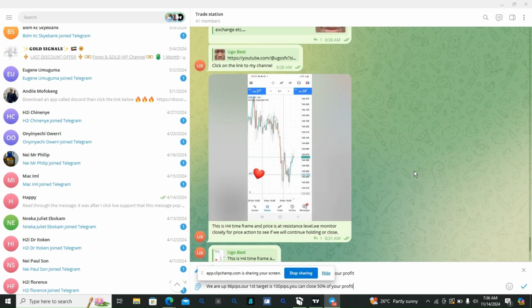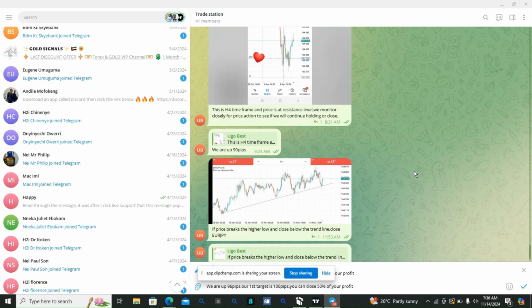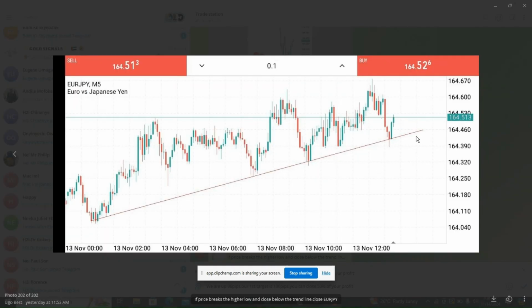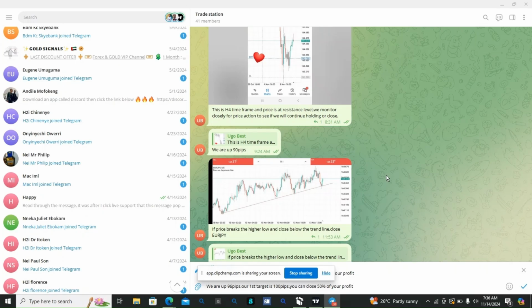I told them, if price breaks the higher low and closes below the trend line, close Euro JPY. You can see it here. That was when price was at 164.500, and at that time we made over 80 pips.